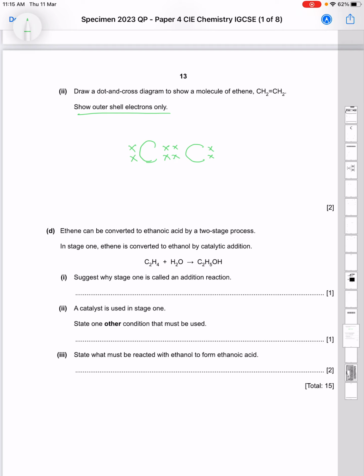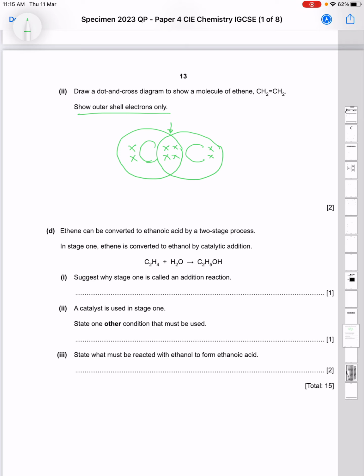Since there is a double bond, for the first carbon, these are the 2 pairs of electrons in the double bond. They are shared between the 2 carbons, and because they're shared, I'm going to add them here inside the Venn diagram, because these two pairs of electrons are shared between the 2 carbons.